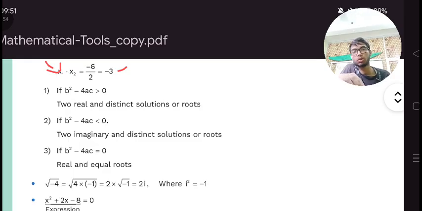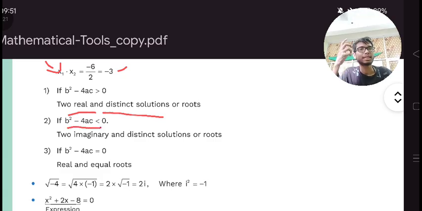The value of x will be real but unequal, meaning the value of one variable will be different from the other. Two real and distinct solutions or roots.